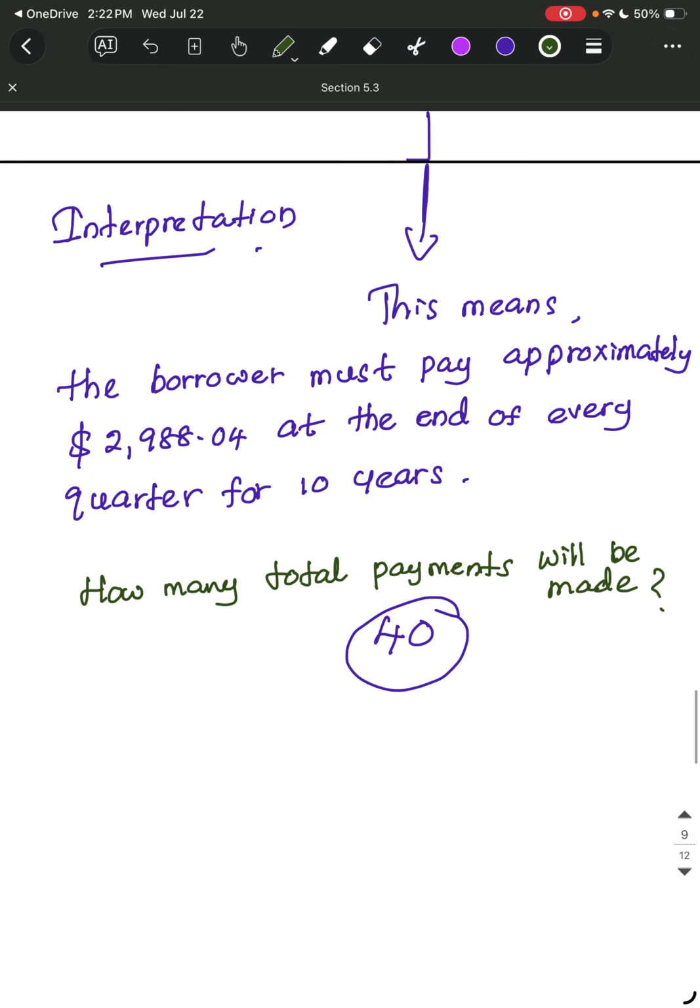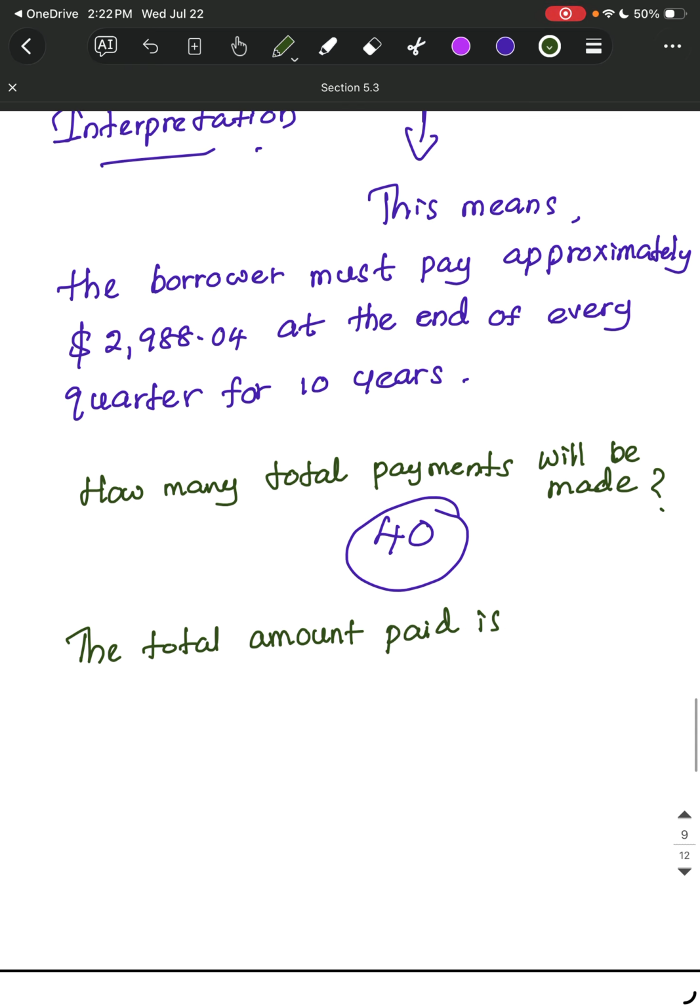Then the total amount paid is 40 times $2,988.04.